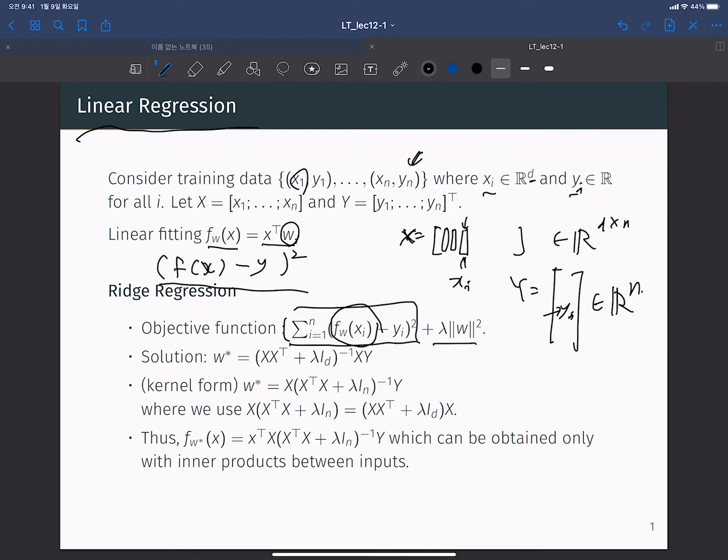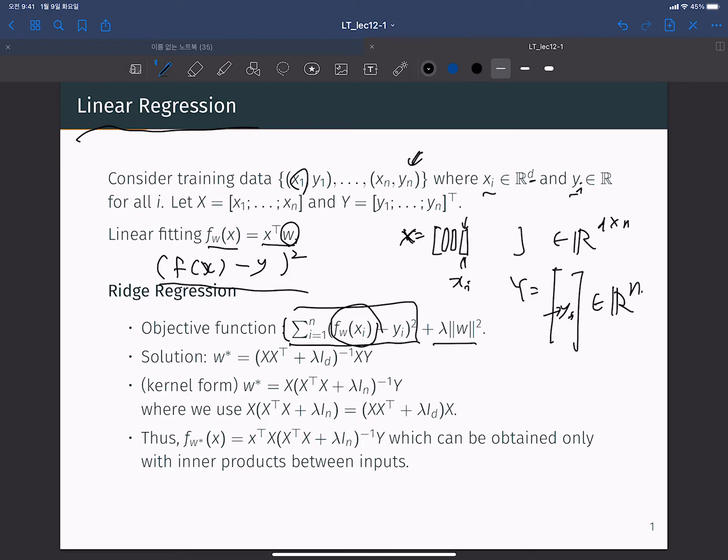When the number of parameters is very high, for instance, d is very high, like a million, and n is smaller than d, for instance, when we have 100 data points but each x has millions of feature dimensions, then we need to define millions of parameters w, because we want to make a linear function, and the linear function has to have the same number of elements in w as the input dimension.